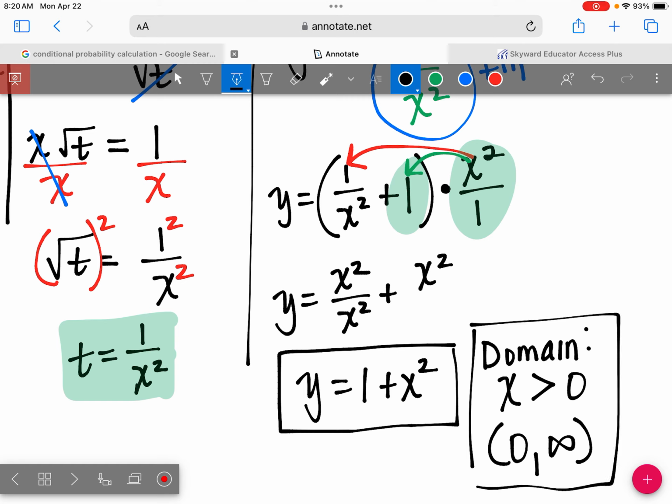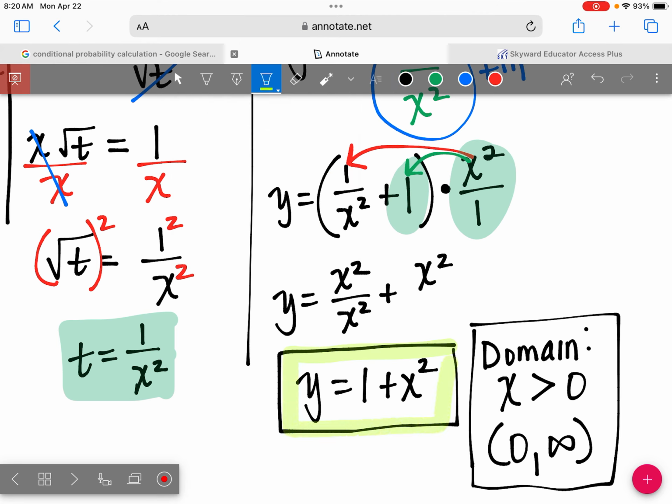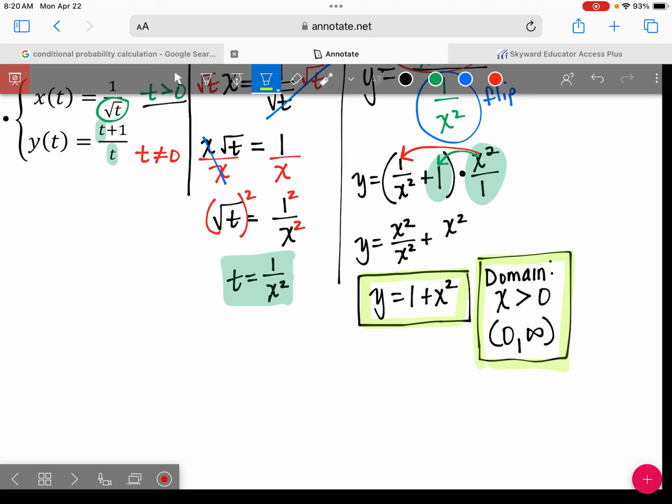So that would be my final equation and its domain. Any questions about how we work through that? Let me go ahead and zoom in for that. I'll zoom out.